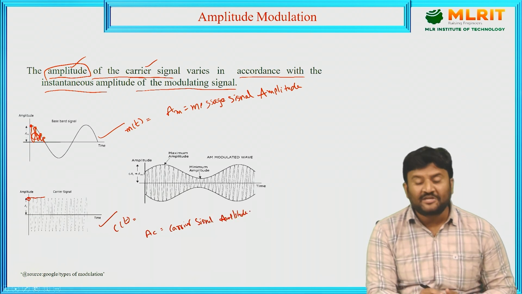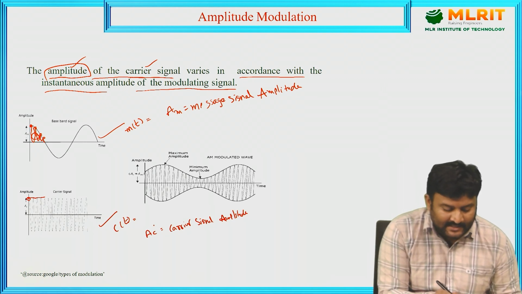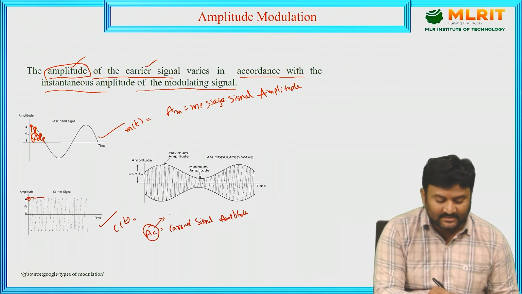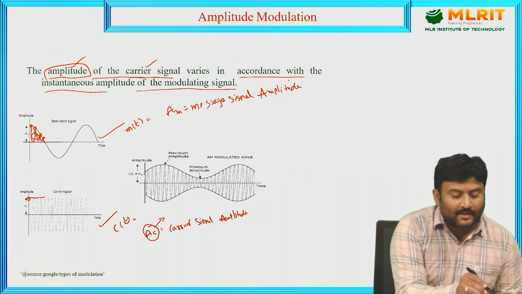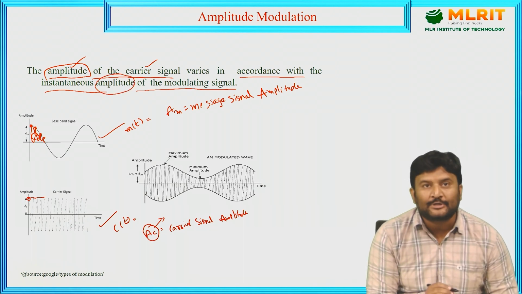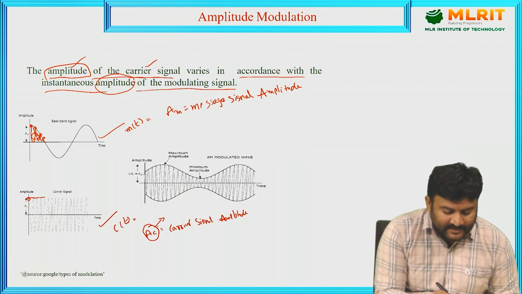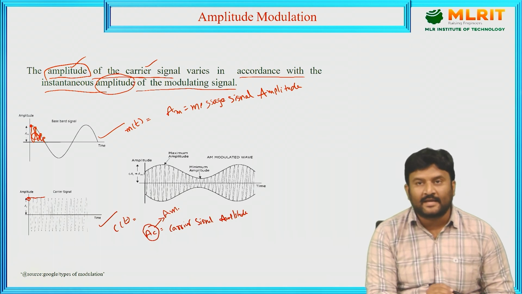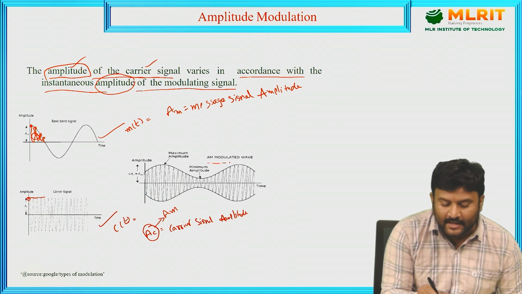As per the definition of amplitude modulation, the carrier signal amplitude Ac is varying in accordance with the instantaneous amplitude of the modulating signal. That means Ac is varying with Am. Then I am getting the AM signal, nothing but the AM modulated wave.